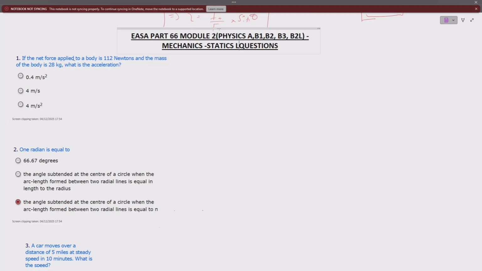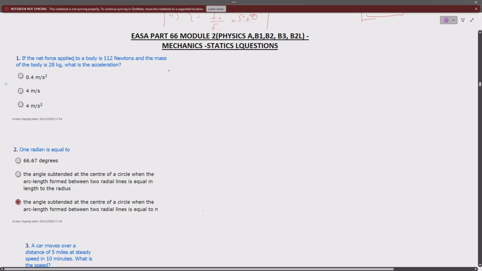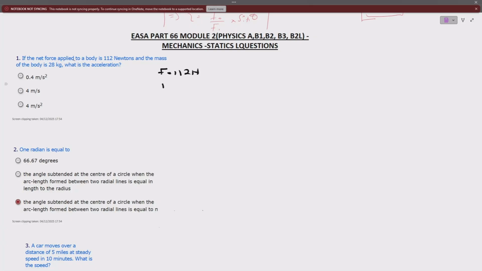Question number 1 says, if the net force applied to a body is 112 newtons and the mass of the body is 28 kilograms, what is the acceleration? So you have force equals 112 newtons, mass equals 28 kilograms. After listing what is given, you can figure out that you need the formula for force, which is mass times acceleration.